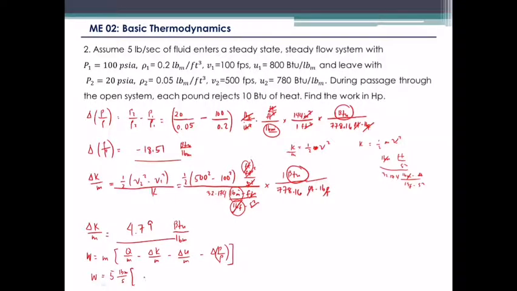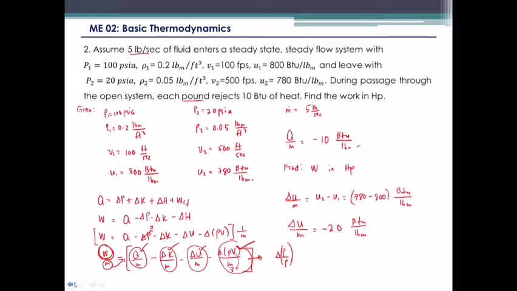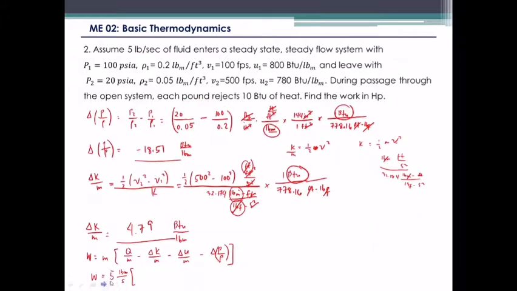Q over M, we already have; Q is given as negative 10. Minus delta K over M, 4.79. Minus delta U over M, this is given, negative 20. Minus negative 18.51.